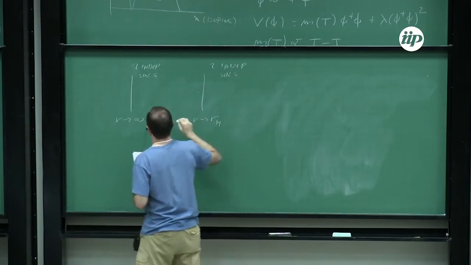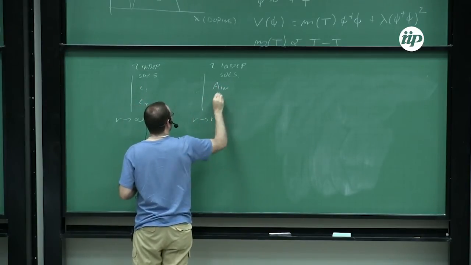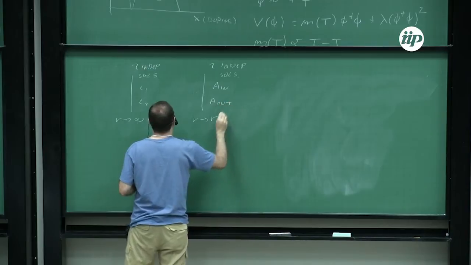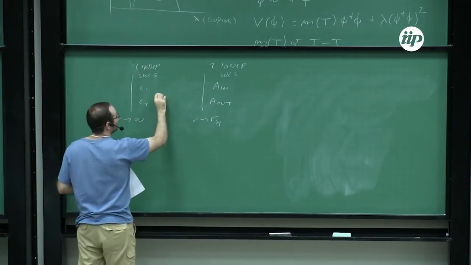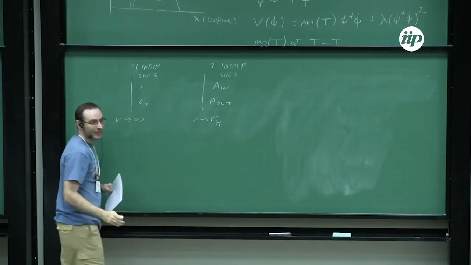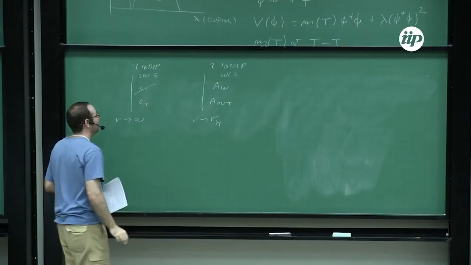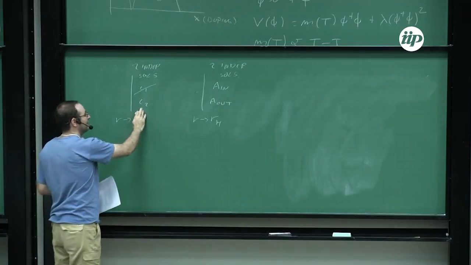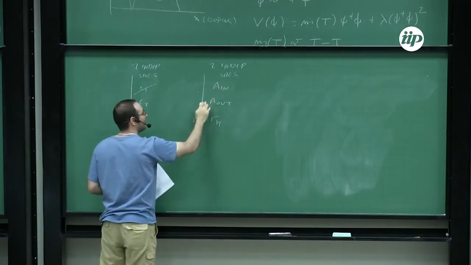So these were the C1, C2, the A in, A out. And if you solve the equations, there is a transformation that takes you from these two to these two. So if you kill one here, then this will be a precise combination of these two.